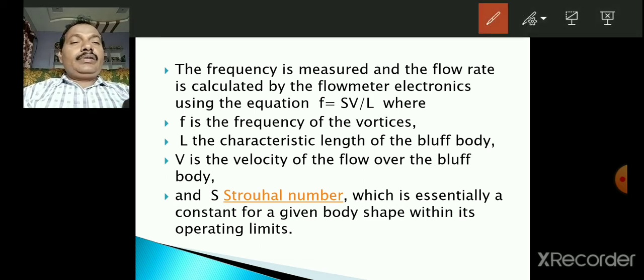That means SV by L equals the frequency, and we have the frequency value available to us.